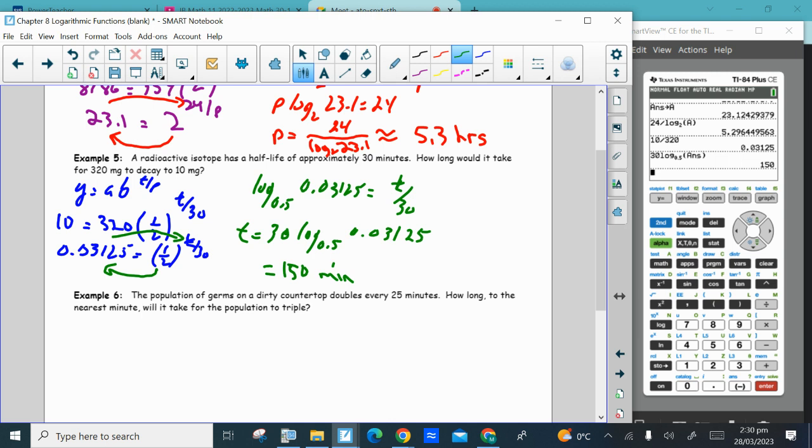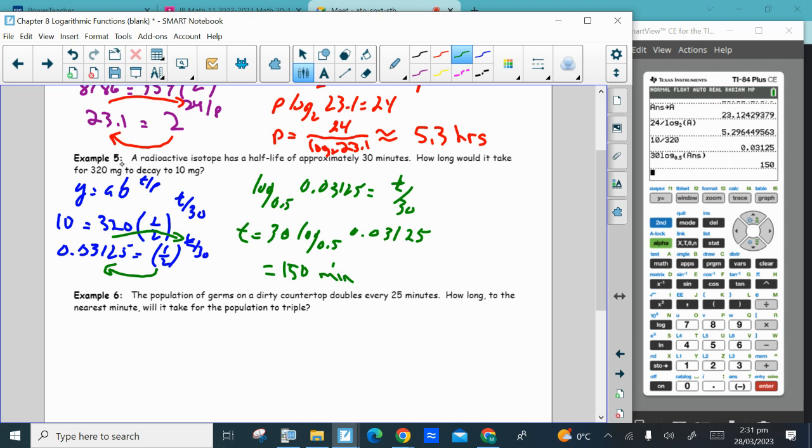Because in this case, after 30 minutes, it'll go from 320 down to 160, half. After the next 30 minutes, after 60 minutes, you'll be down to 80, half of the 160. After 1 hour and 30 minutes, you'll be down to 40. So 1 hour and 30 minutes is 90 minutes, I should say.